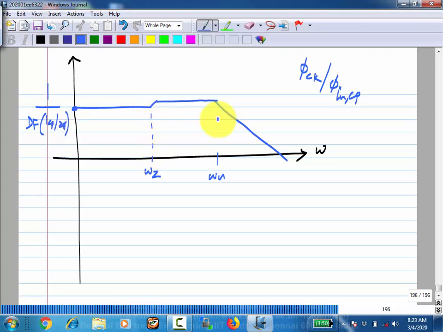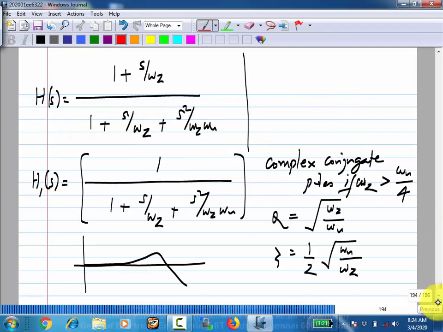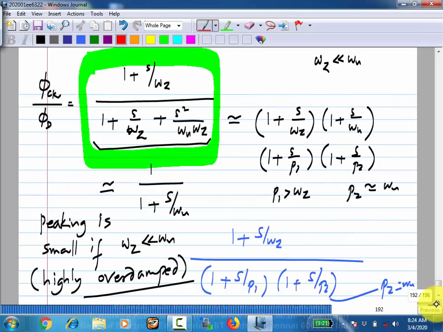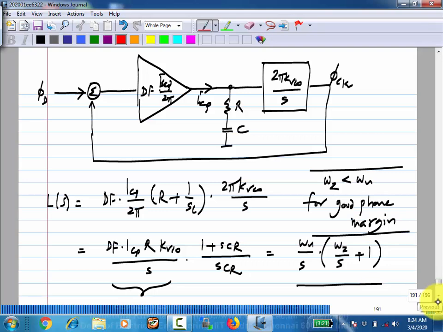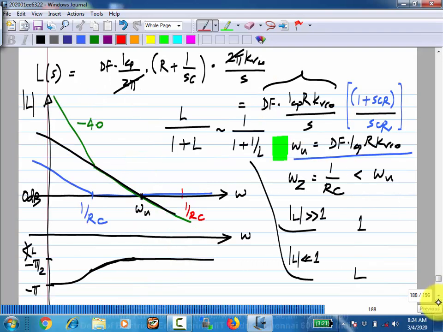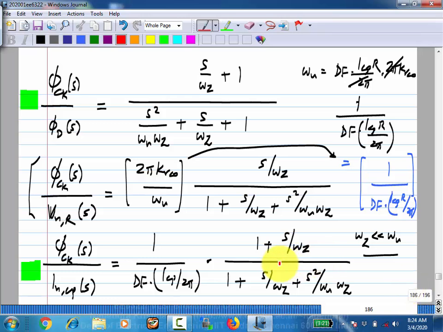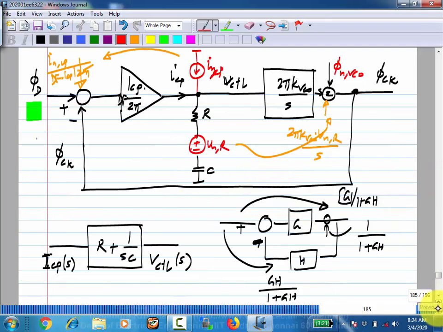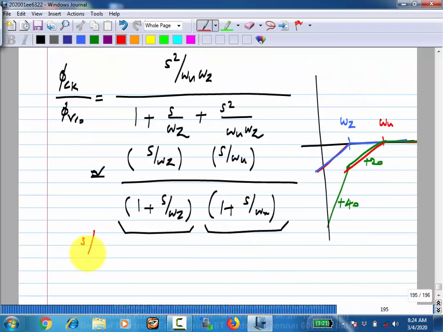And the other one, phi_ck by V_NR, what does that look like? With the way we have it, we have a big separation between omega_z and omega_u, right? So this factor can be s by omega_z divided by, again, the denominator I can approximate in the same way.